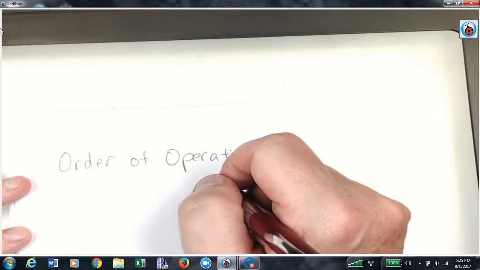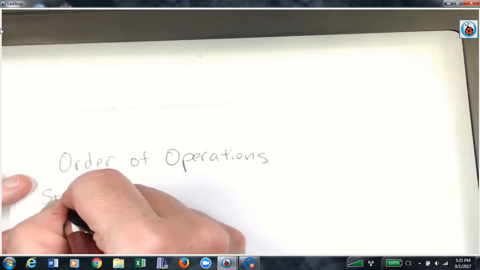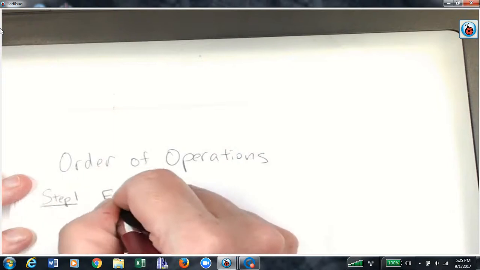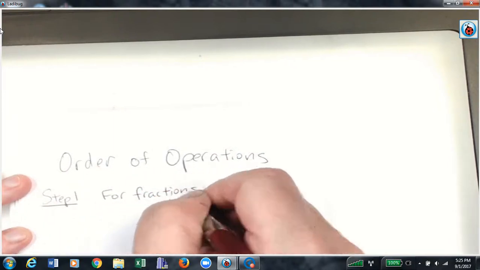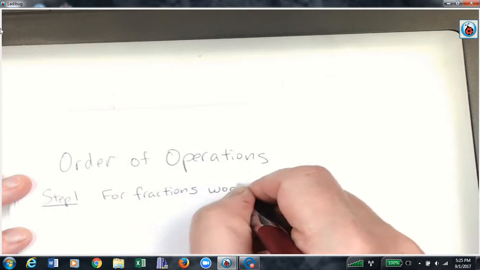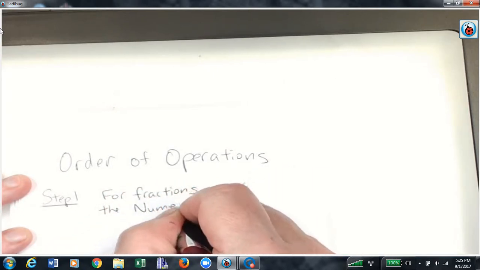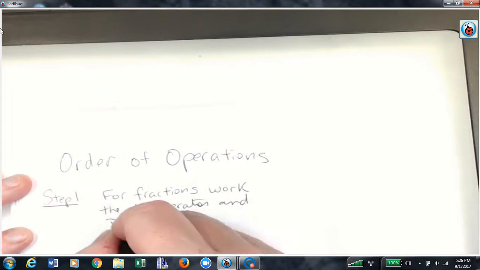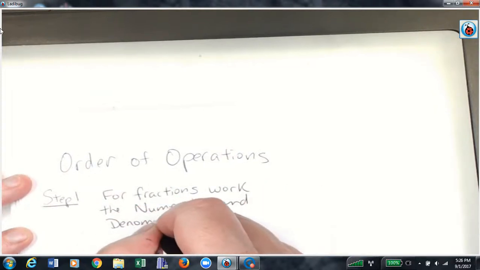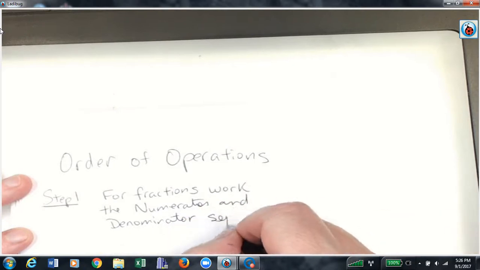If we have a fraction, for fractions, work the numerator, which is the top, and denominator, which is the bottom, separately first.